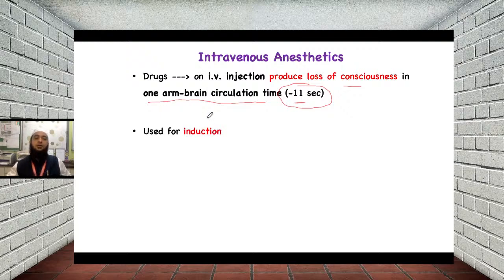We are using it for induction purposes, because many drugs we have seen, like desflurane, a very beautiful drug which has very good properties, still produce pungency, and due to pungency produce many problems for the patient. Likewise, nitrous oxide is a very good general anesthetic drug, but it produces delay in the induction.